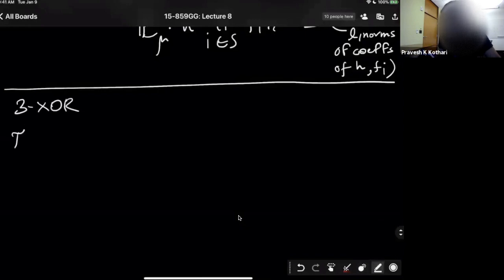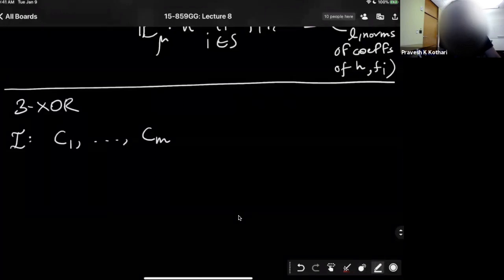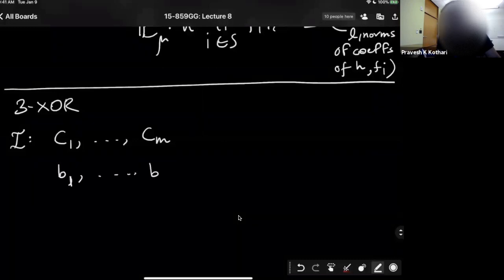We said an instance consists of a collection C1 through CM, which are basically just subsets, triples of variables. For each of these CIs, I also had right-hand sides B1 up to BM. And basically they defined a 3 XOR system, which said X_CI equals BI, or equivalently, BI times X_CI is 1.